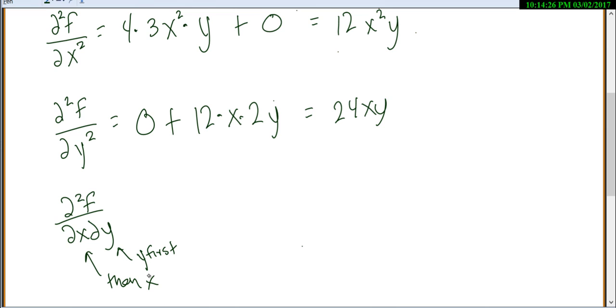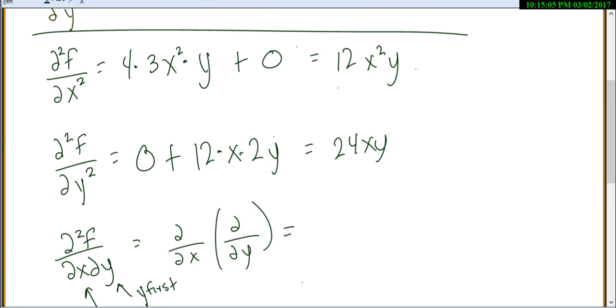The reason is these are considered operations, so it's like you're writing it like this, and we just combine it all together. You do the inside first because you take the derivative with respect to y and then you take the derivative with respect to x. But whether or not you remember that, just remember you work from the inside out on this symbol. This symbol means do the y first and then the x.